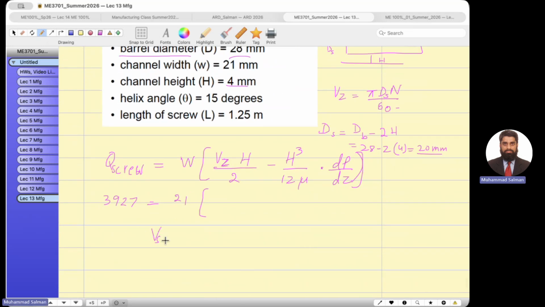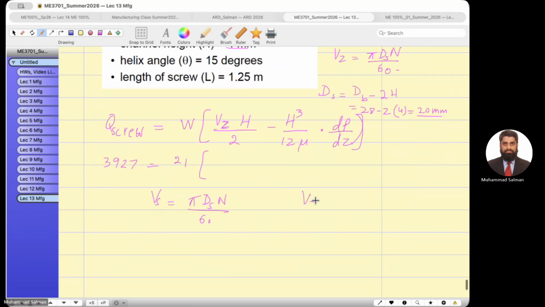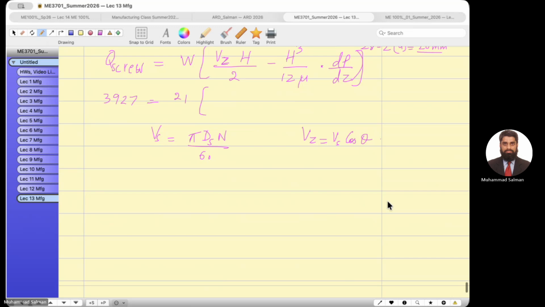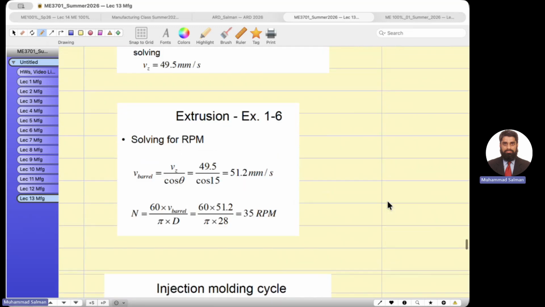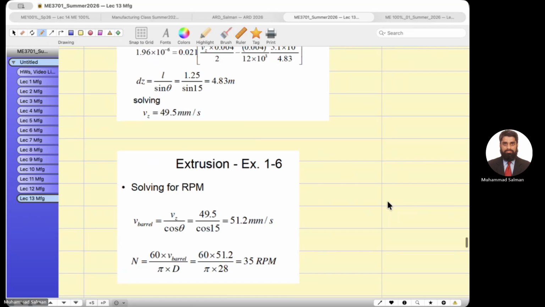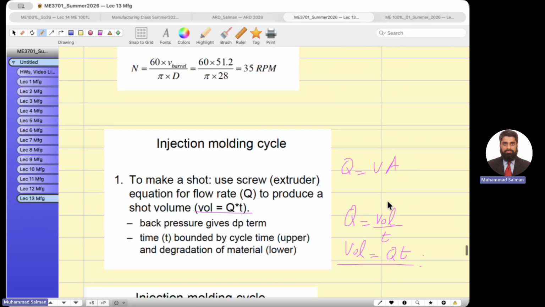So V screw equals pi d screw times n over 60. And Vz equals V screw times cosine theta. I think I mentioned this earlier. Vz equals Vb, it's the same thing.